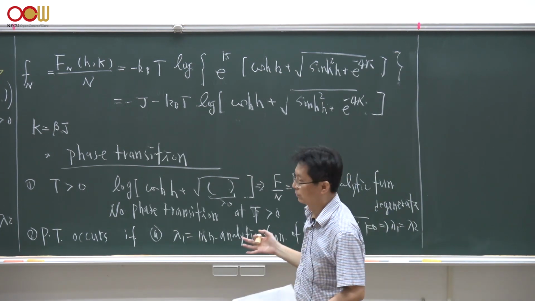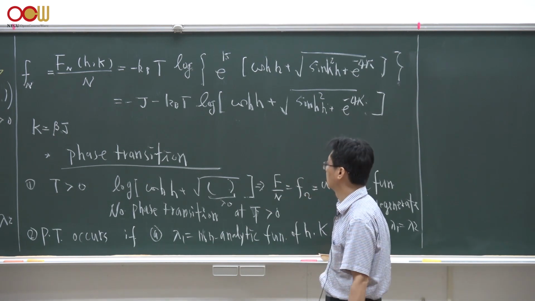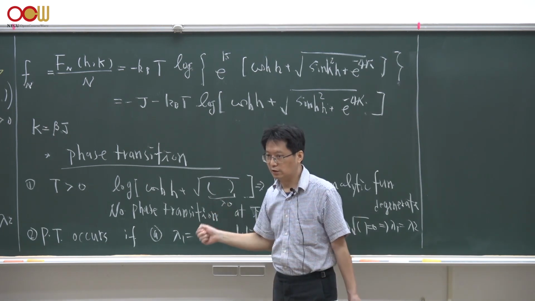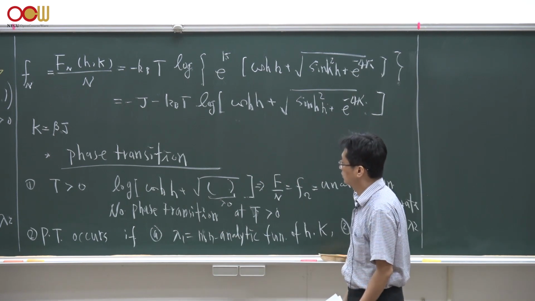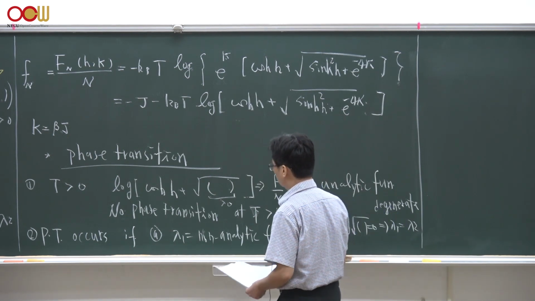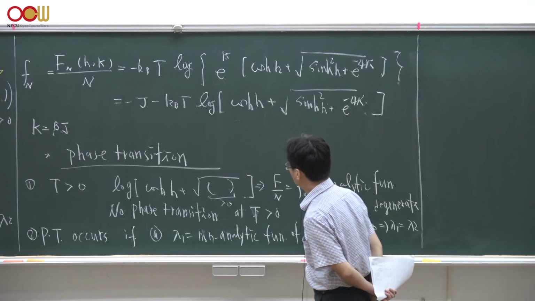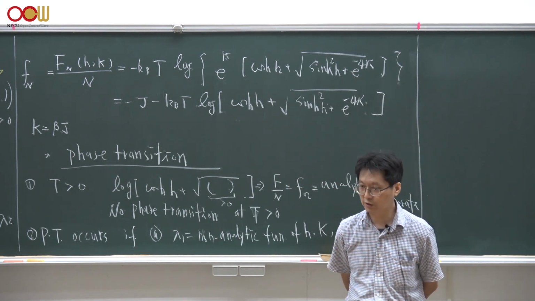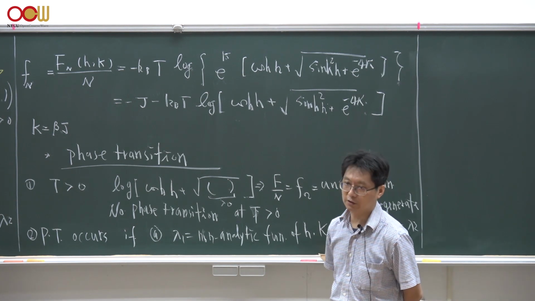Now we have explicitly derived the free energy density analytically, and we should analyze the analytical properties of this free energy density and see if we could have a phase transition or not. So let's look at the finite temperature property. Remember, in the very introductory lectures, I introduced how phase transitions occur in principle.